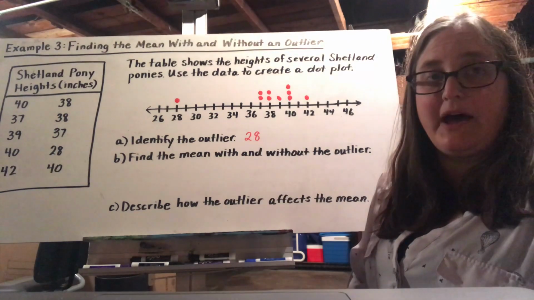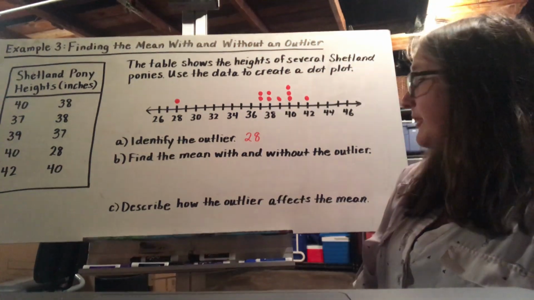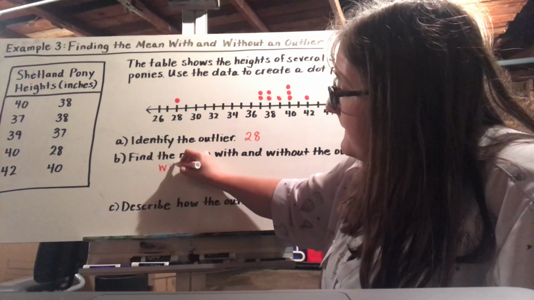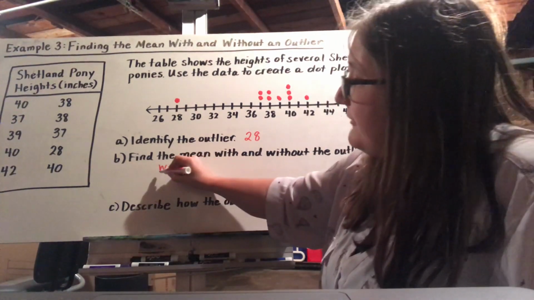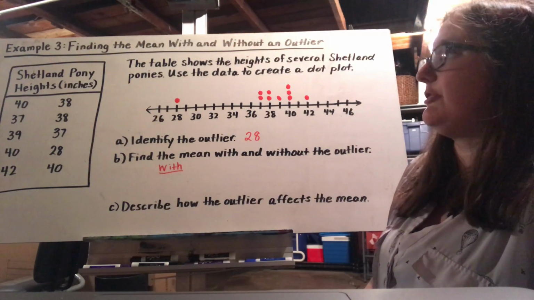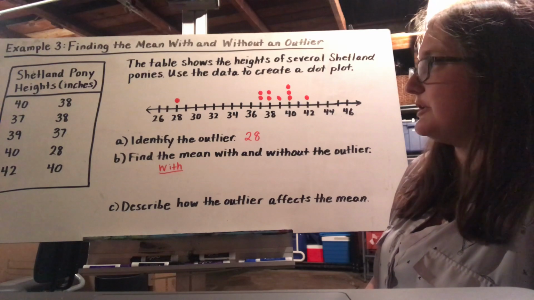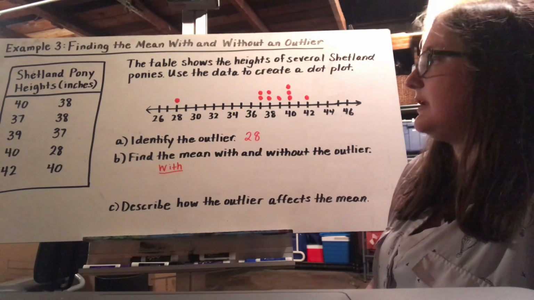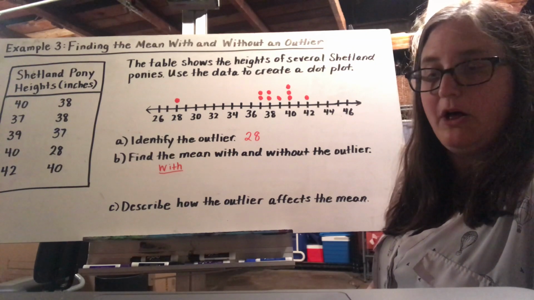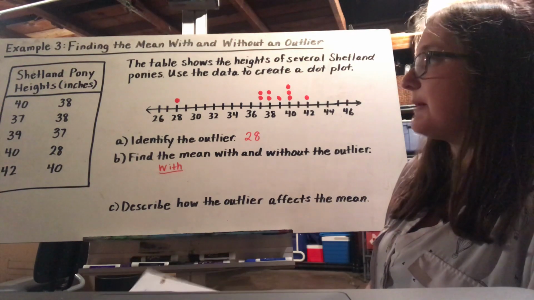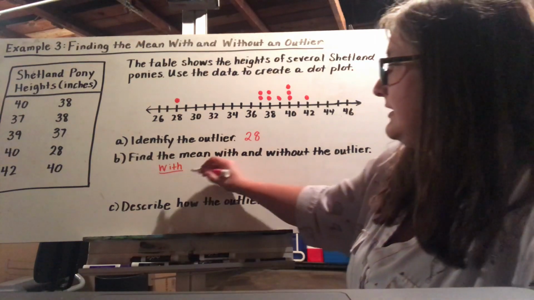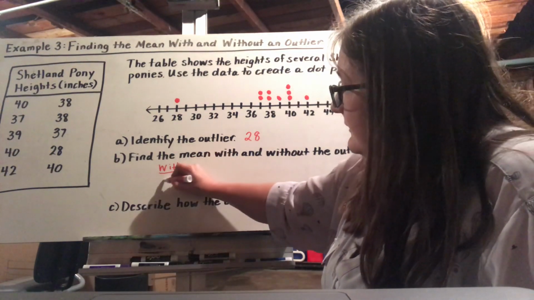They want us to find the mean with and without the outlier. So first let's do it with. So if I add all of those up, 40, 37, 39, 40, 42, 38, 38, 37, 28, and 40. If I add them all, the total sum that I'm going to get for all 10 of those numbers is 379.